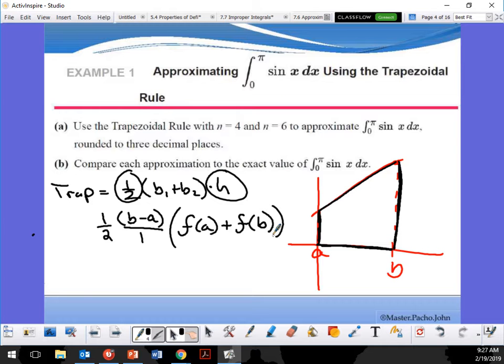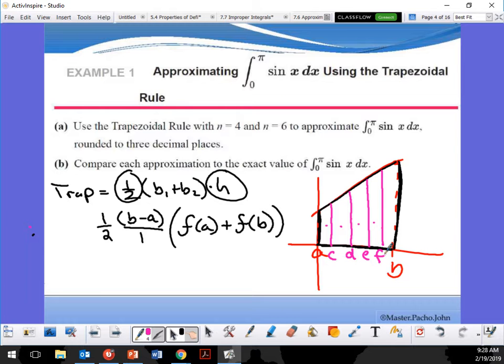But now I'm going to cut this up into more pieces. How many pieces do I have now?